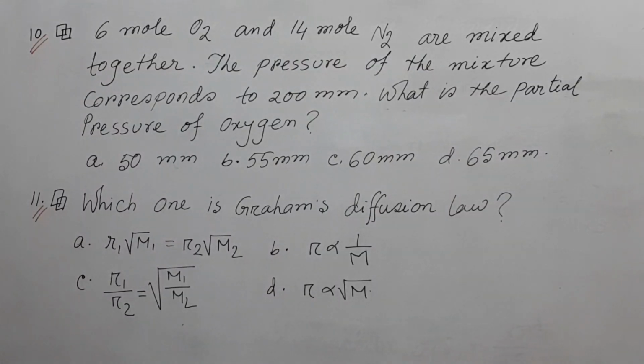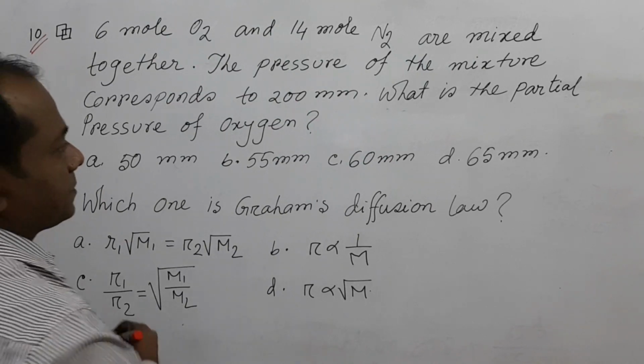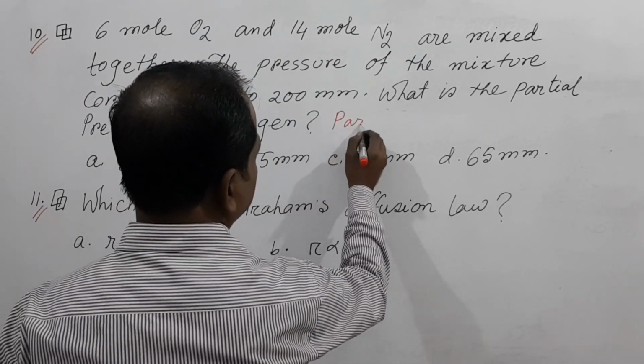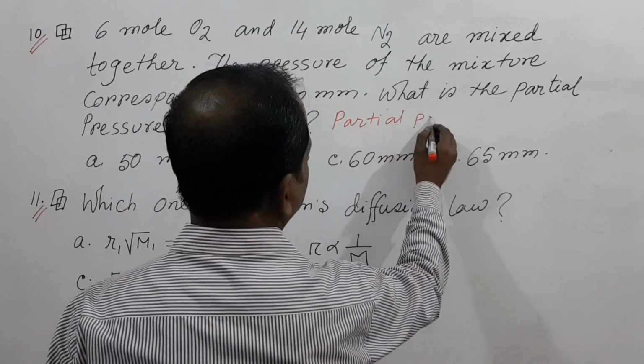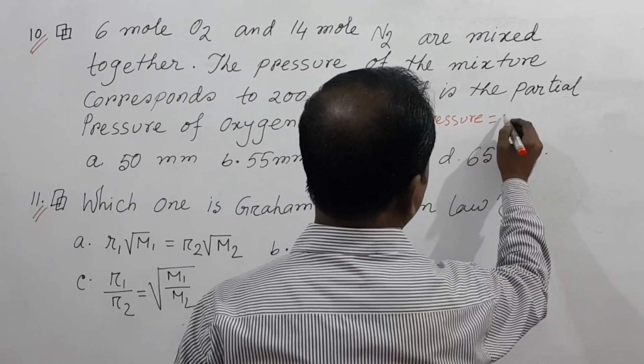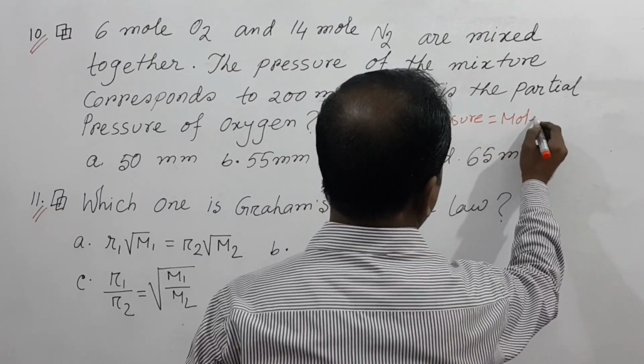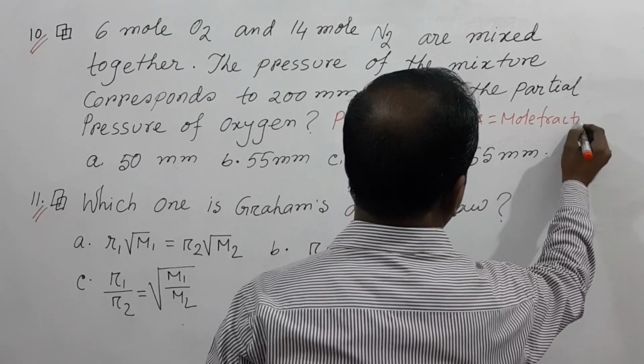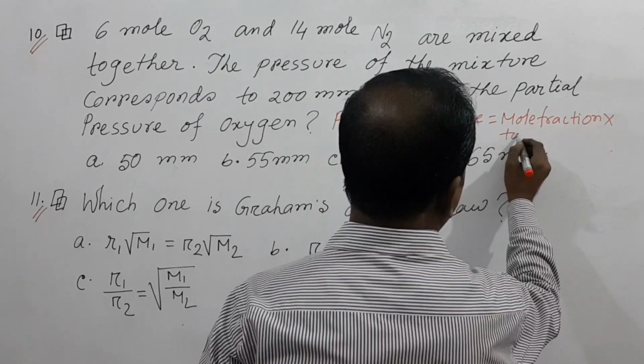Our next question is 6 mole oxygen and 14 mole nitrogen are mixed together. The pressure of the mixture corresponds to 200 millimeter. What is the partial pressure of oxygen? We know that partial pressure equal to mole fraction into total pressure.